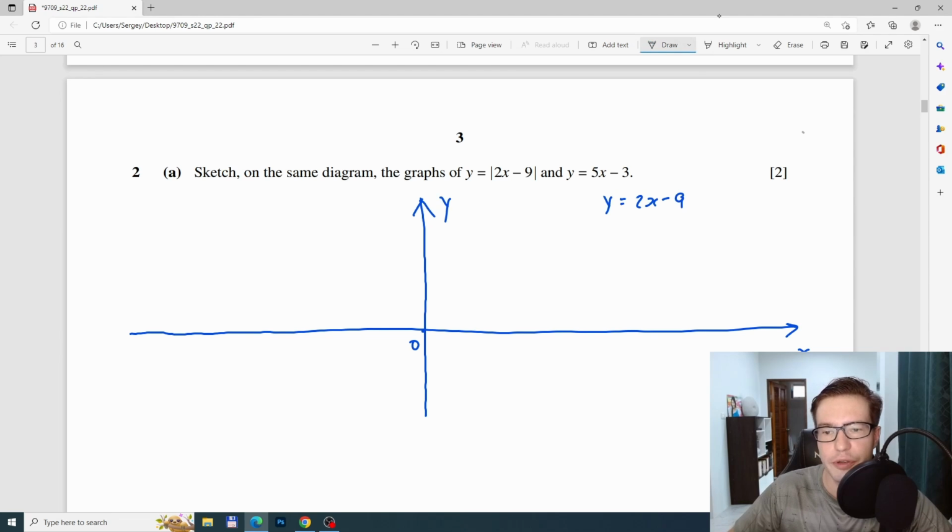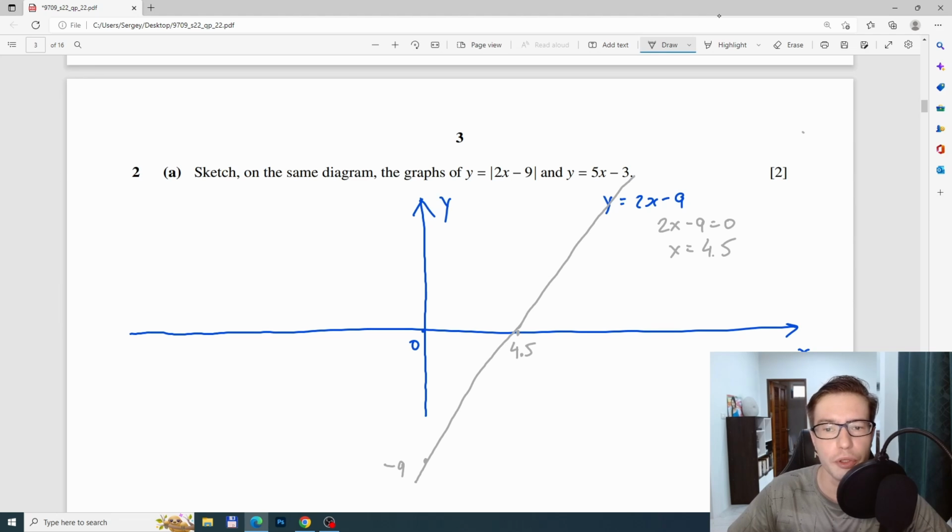This graph is going to intersect the x-axis when 2x minus 9 equals 0, so x is going to be equal to 4.5. And the y-intercept is going to be when x equals 0, so minus 9. So it looks similar to that, but then what the modulus does is reflect the negative values of y. So all in all, we're going to have this graph.